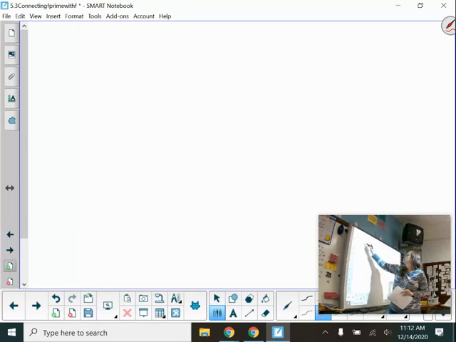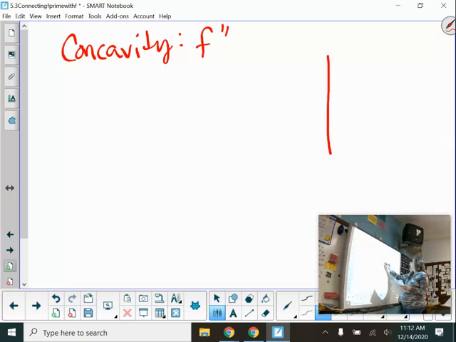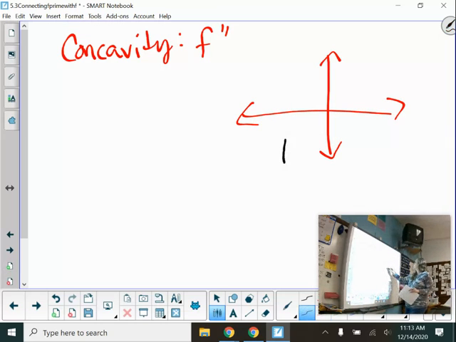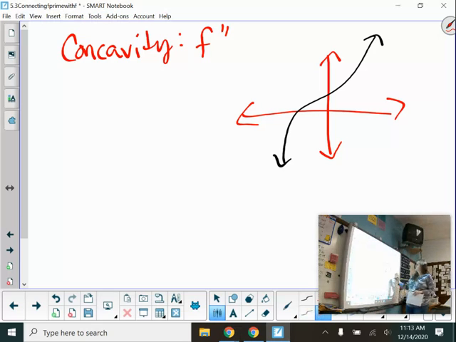So your concavity, so if you have some function here, this area here is concave down, this area here is concave up, and then some point in between them is going to be your inflection point.